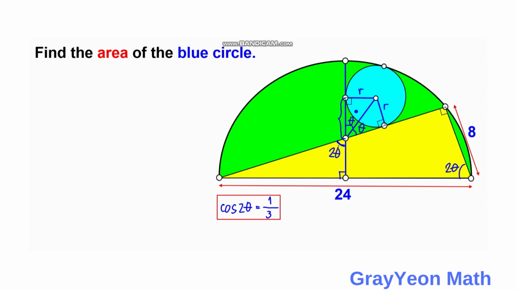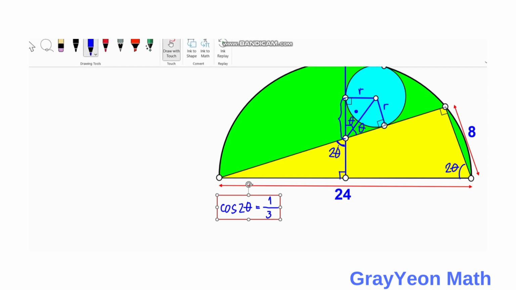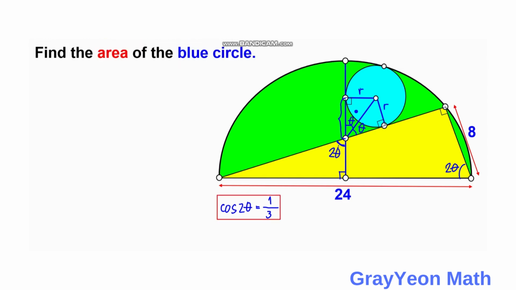Next, since we are after this distance, as I mentioned earlier, we can make a relationship between 2 theta and this theta near the blue circle.